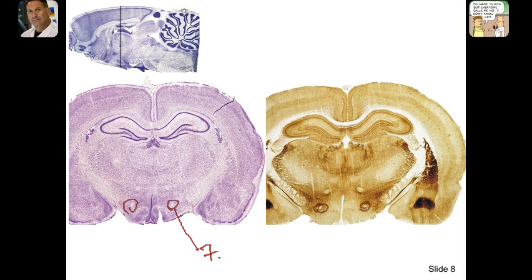We have the hypothalamus bordering the third ventricle. We have the optic tract. We have the internal capsule.